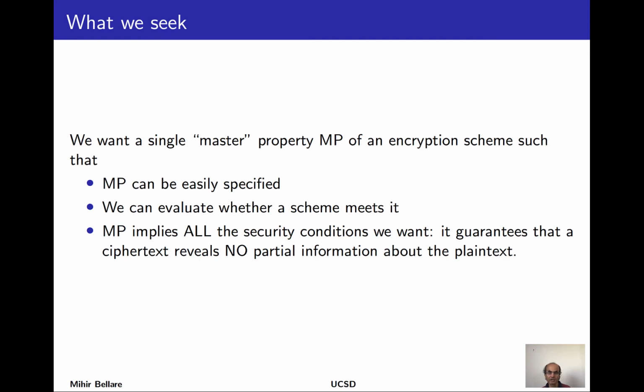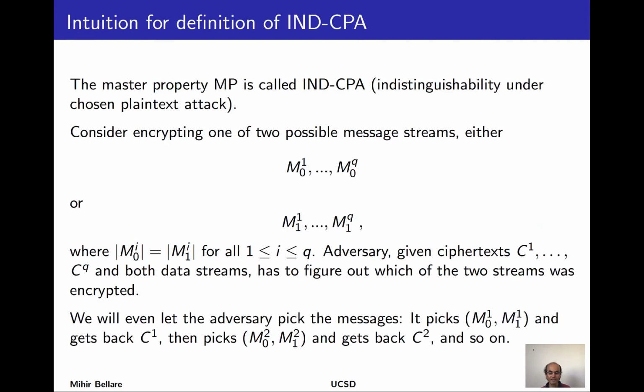So what we're looking for is a single master property, whereby you can easily specify it through games, evaluate whether a scheme meets it, and then get some assurance that it does what we want, in the sense that you will achieve the different other properties of interest once you have achieved this one in an automatic way. This property implies all the other properties. Okay, and so this leads us to our definition, which is called indistinguishability under chosen plaintext attack.